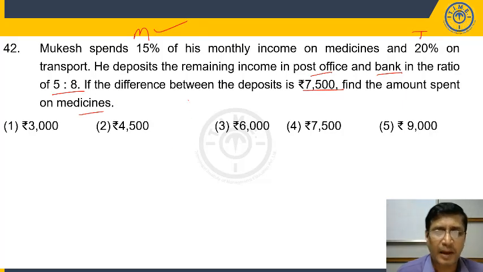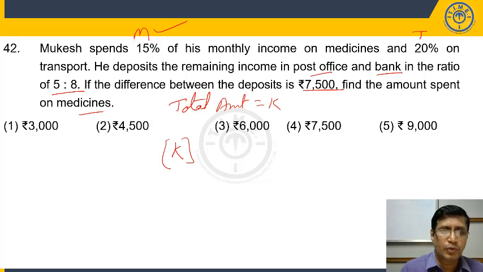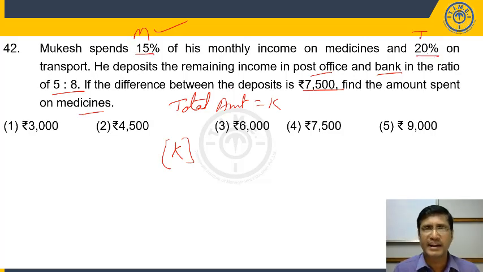So what I am doing here, I am taking the total amount as K. When the total amount is K, 15% and 20% is the expenditure on medicine and transport. So the remaining is 100 minus the sum of these two values. 15 plus 20, that is 35.